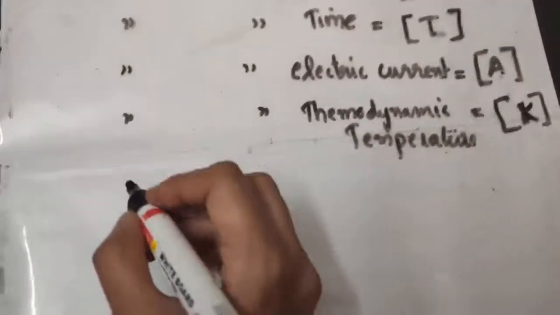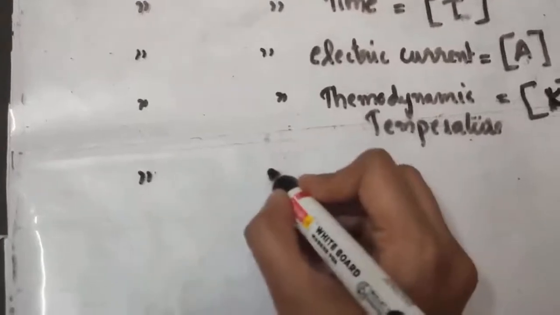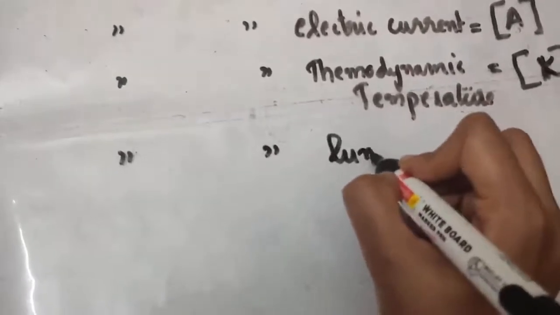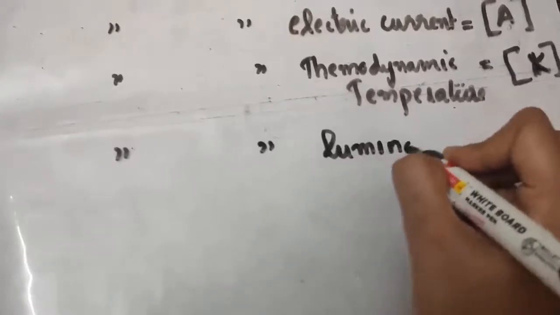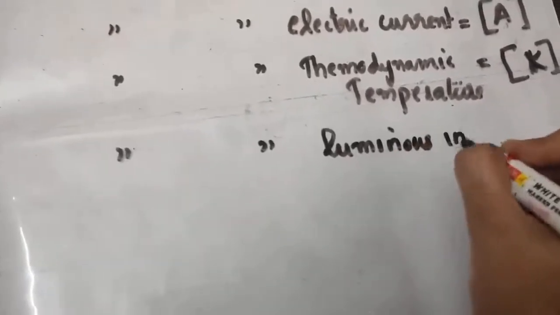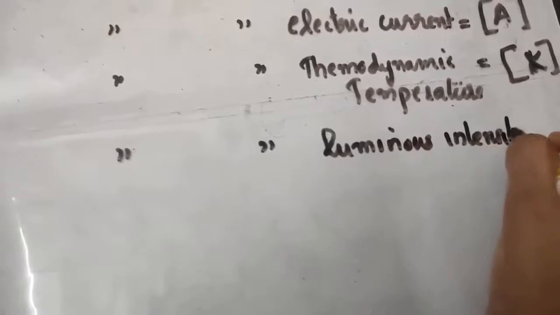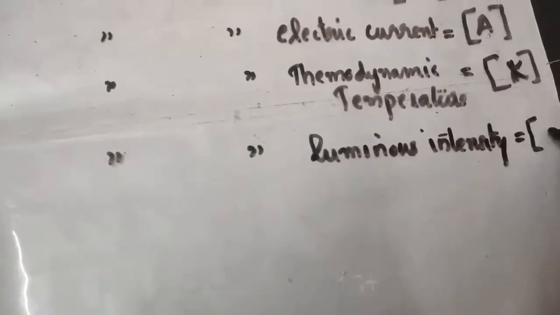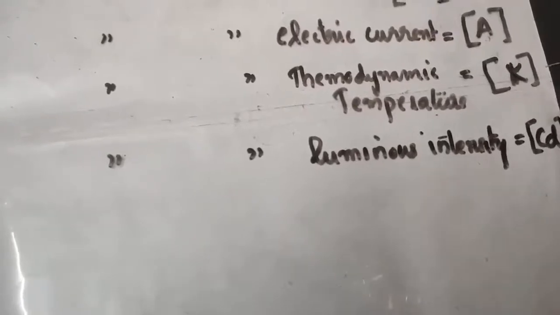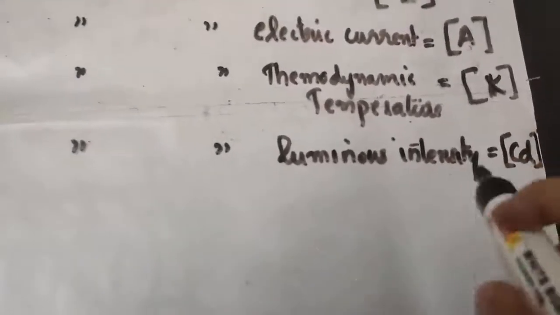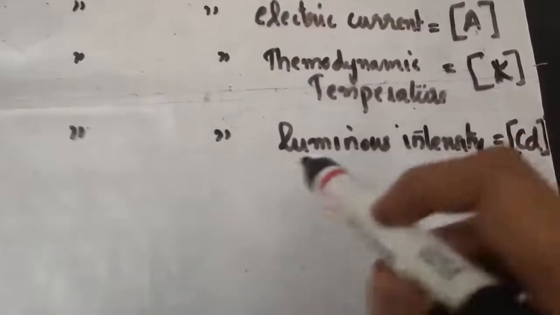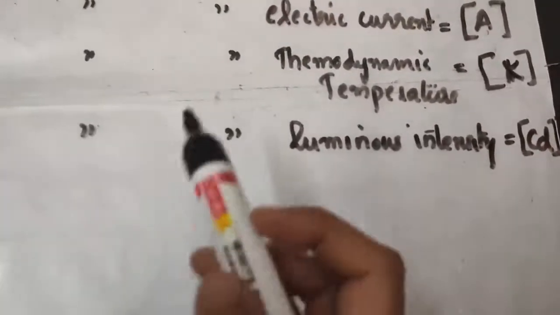Then the next quantity is luminous intensity. Its dimension is CD. We know candela is the unit of luminous intensity, and square bracket CD represents the dimension of luminous intensity.